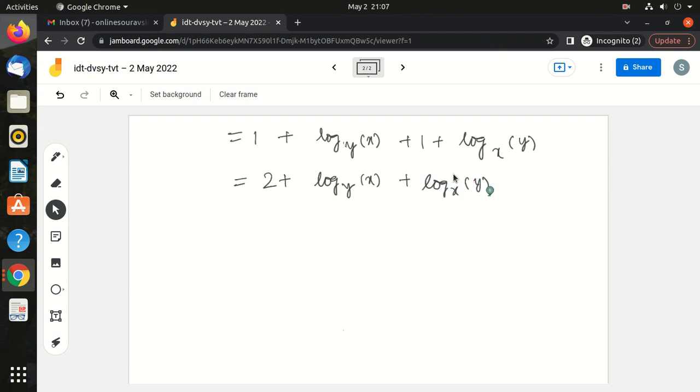Now notice, if log x of y is equal to b, what does that mean? That means y equal to x to the power b. So you have to invert it, right? You have to get the base the same. So if you take log y, what do you get?